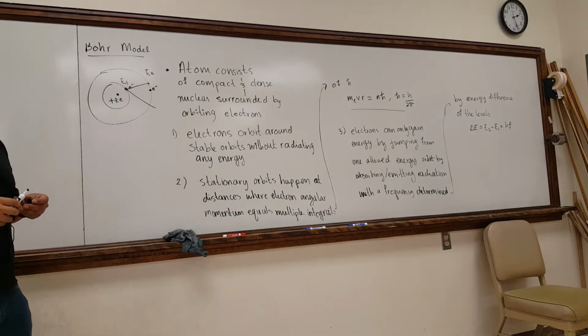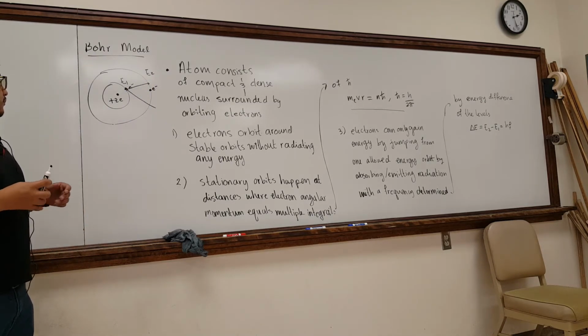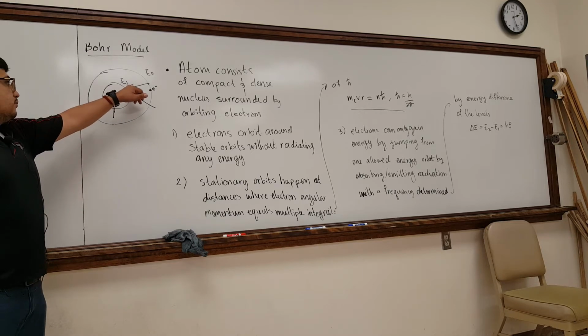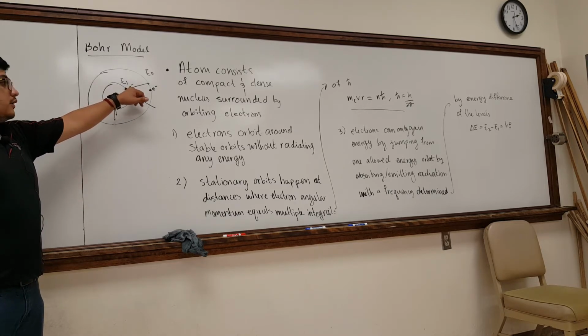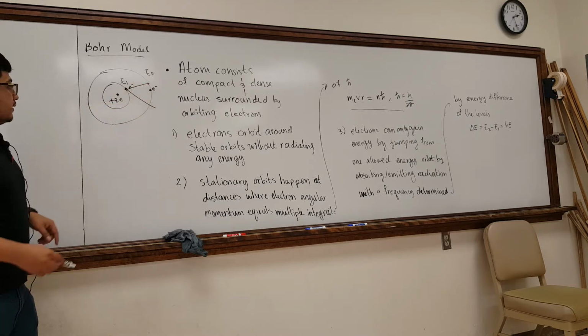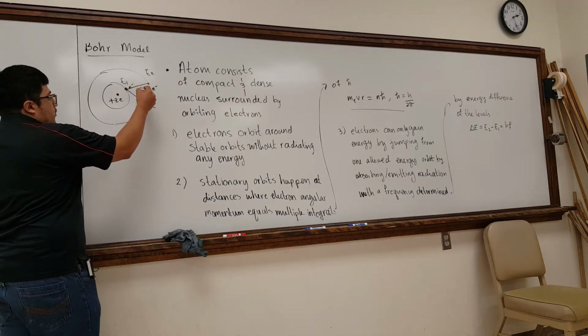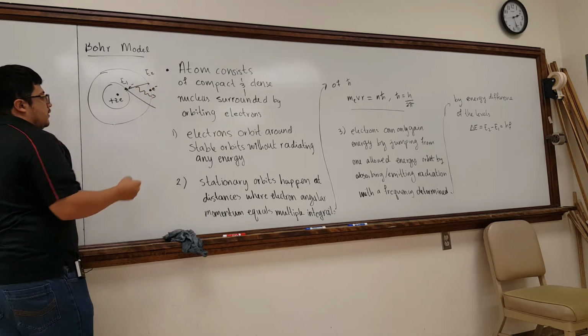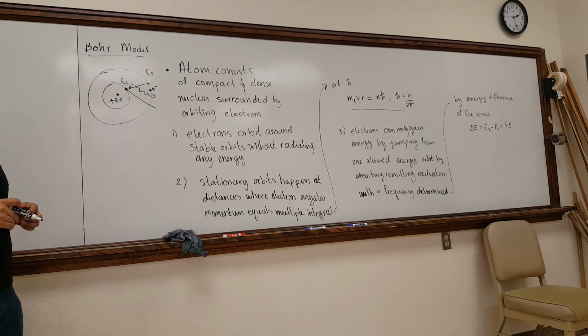It spends a small amount of time there, because the electron likes to be in its lowest energy state. Then it quickly falls back onto the original energy state, and in doing so, it will emit that same energy that it absorbed.